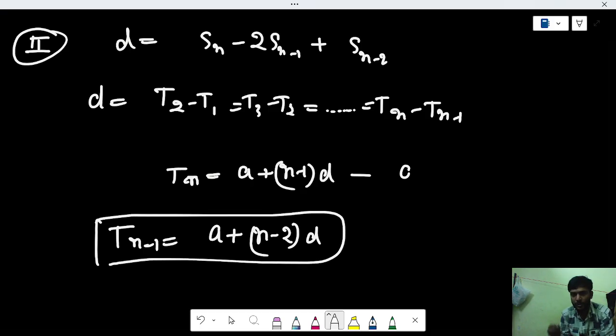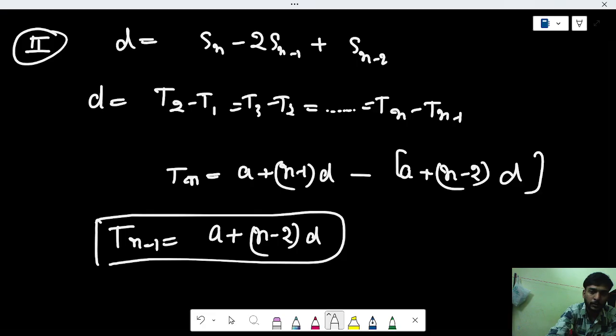Now we put the value of tn−1 in the above equation. Then it is equal to a + (n − 1) and (n − 2) into d, and we can simplify.